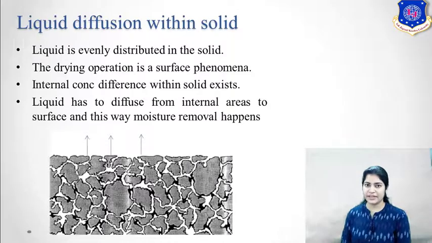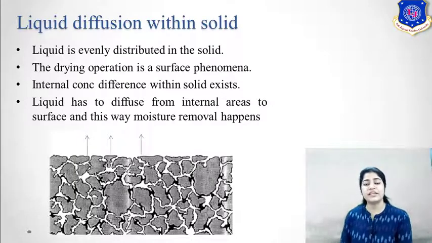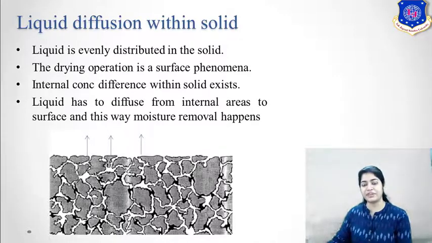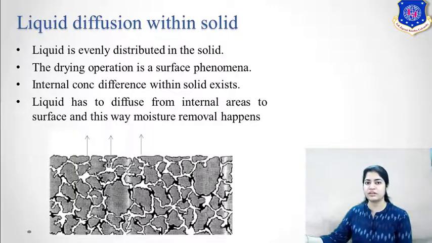Now the next topic is liquid diffusion within the solid. So this topic is about the mechanism, how liquid diffuses within the solid, comes over to the surface, and from the surface goes to the dry air.